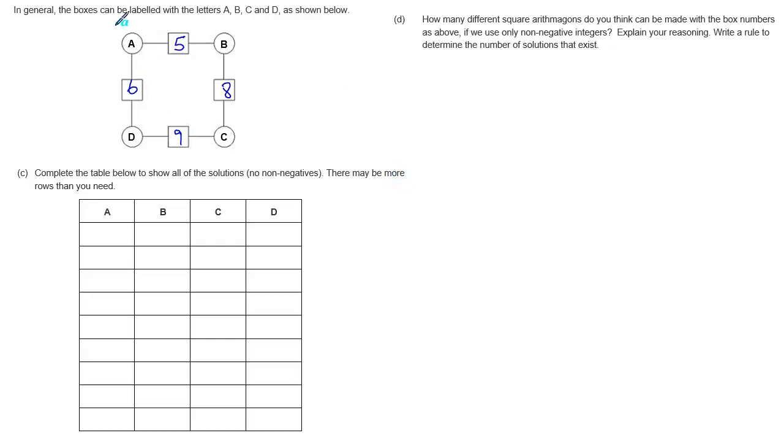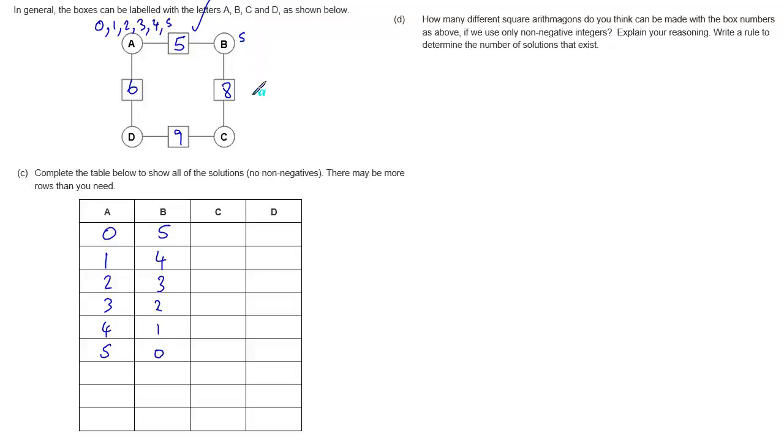So in box A, we've seen that we can have 0, 1, 2, 3, 4, and 5. So 0, 1, 2, 3, 4, 5. And in B, we then had 5, 4, 3, 2, 1, 0, giving us this total of 5.